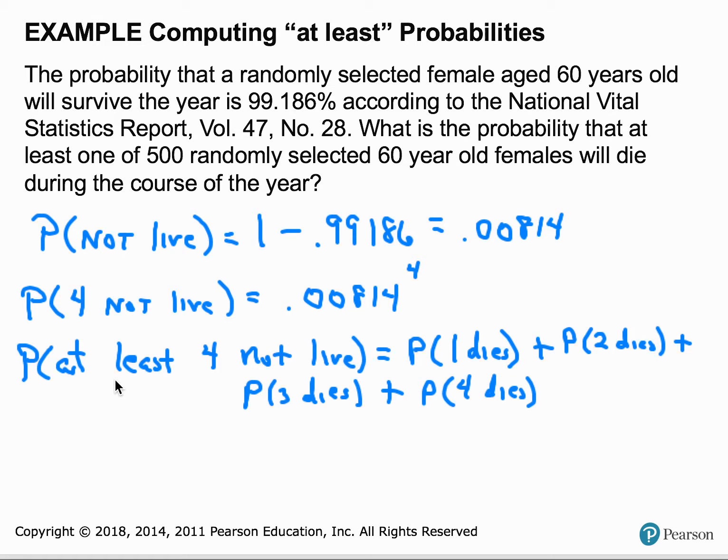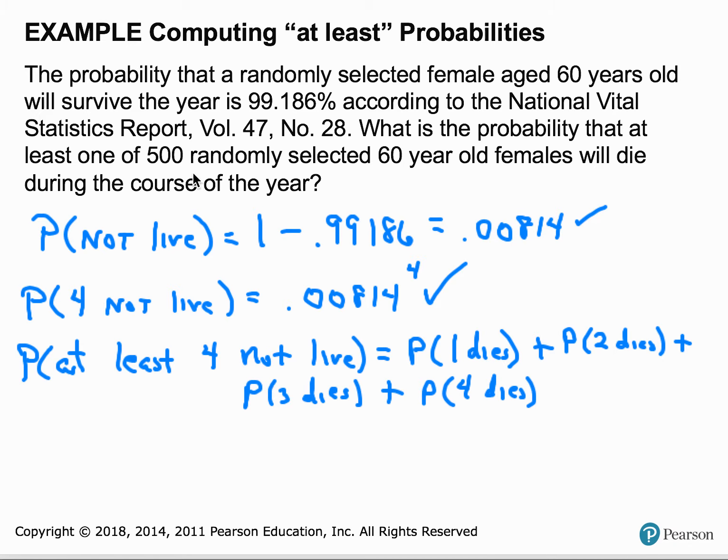Is this what it means to say at least 4 die? Well, find the probability that 1 of them died, then find the probability that 2 of them died, find the probability that 3 of them died, find the probability that 4 of them died, and add it all together. Okay, so we could do that.